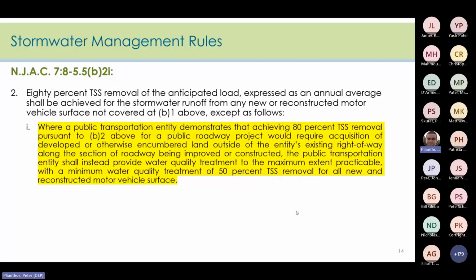In the quality standards at NJAC 7:8 5.5 B2I, there is a provision for public transportation entities.